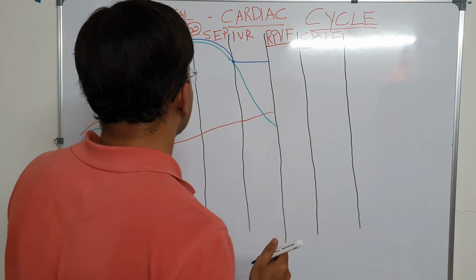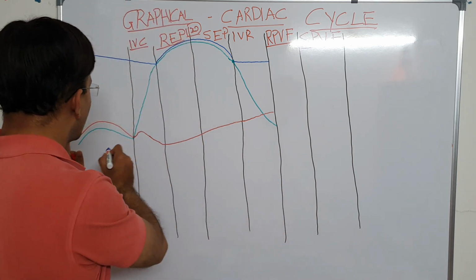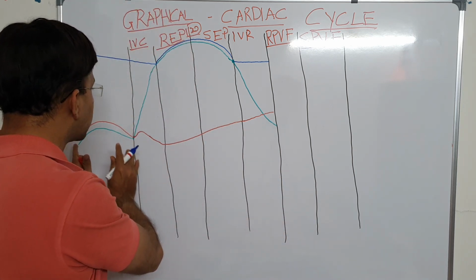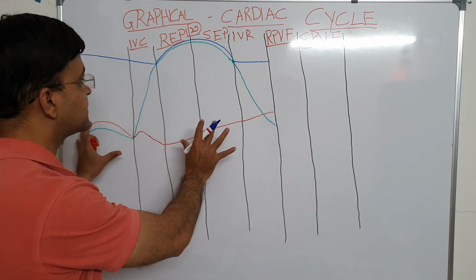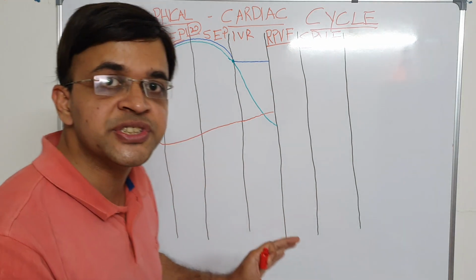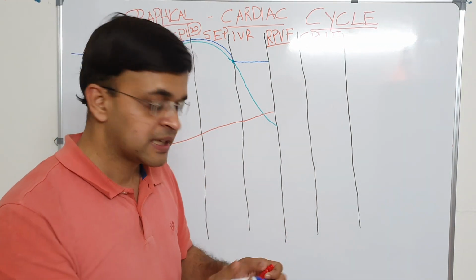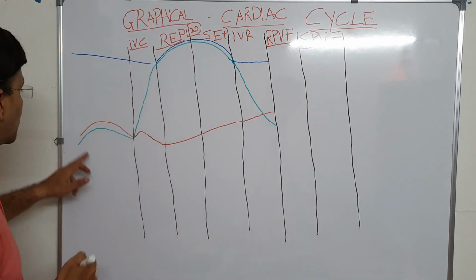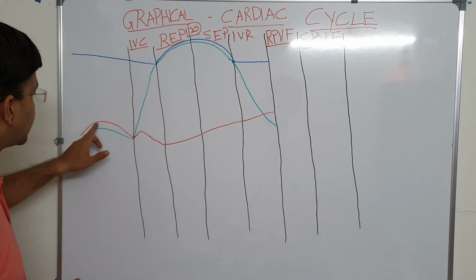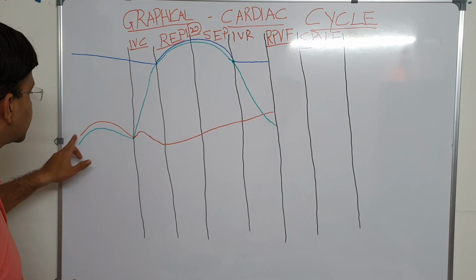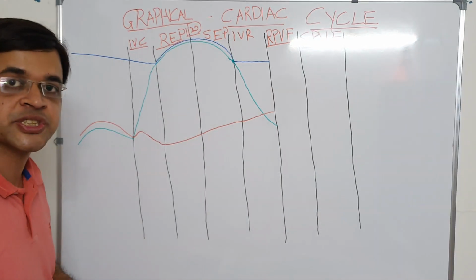Now we will correlate this kind of graph with our ECGs, right? Now suppose over here, this is because of atrial contraction, right?